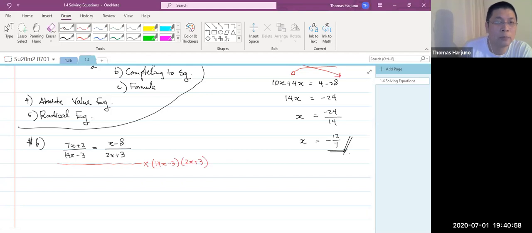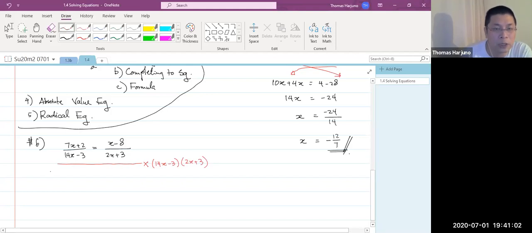If you multiply both sides by the LCD, you will see on the left-hand side, 14x minus 3 cancels. We have (7x plus 2) times (2x plus 3). While on the right-hand side, 2x plus 3 will cancel, and we are left with (x minus 8) times (14x minus 3).